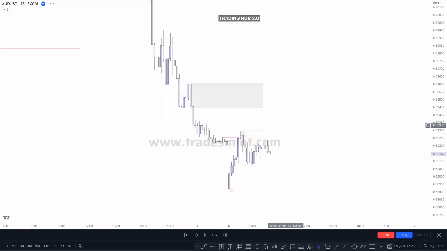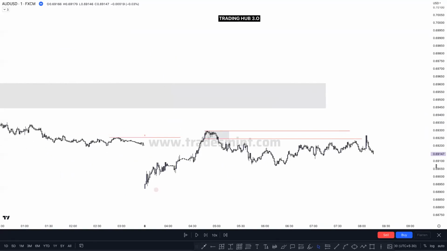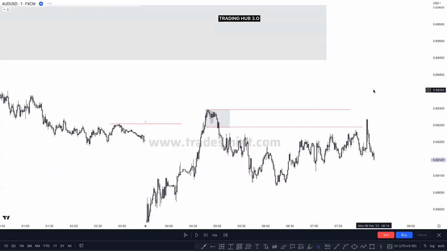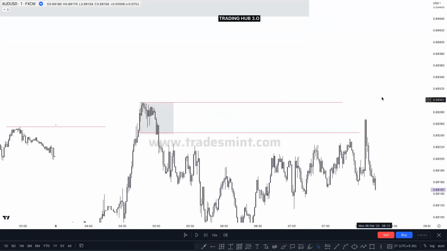So let's see. If there is any unmitigated order block or anything here, then you can sell here. Otherwise, you have to wait for it, right?